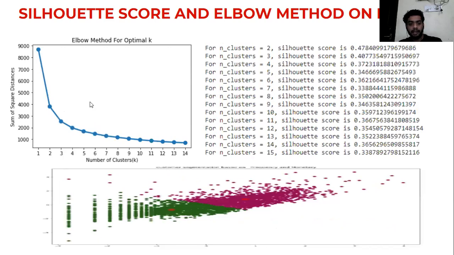Here also in the elbow curve we see that the optimal k value is 2, and in the similarity score we get cluster number 2 with a similarity score of 0.47. For cluster 3 its similarity score is 0.4, and below this is the customer segmentation scatter plot cluster chart. Here we can see that the customers are perfectly grouped between the two clusters, that is frequency and monetary.